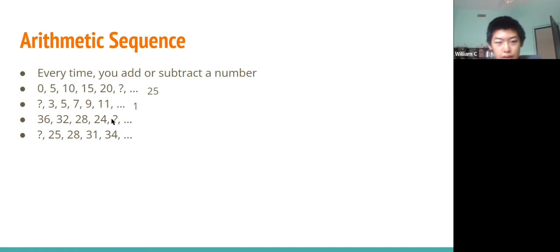In this case, we know that the number is 20, because you subtract 4 every time we move forward. In the last example, we can see that we add 3 every time we move forward. So the first number is 22.